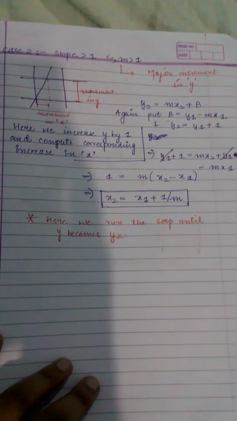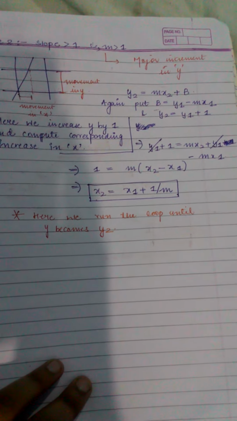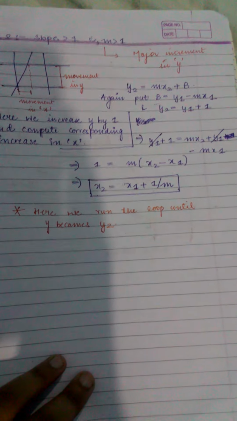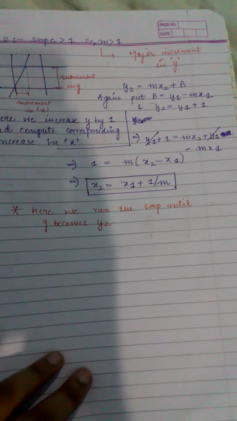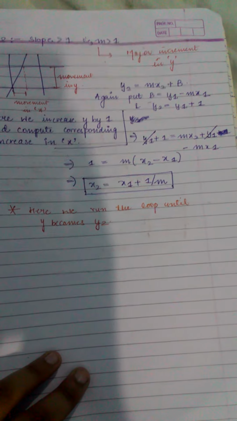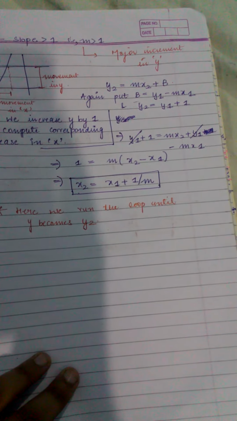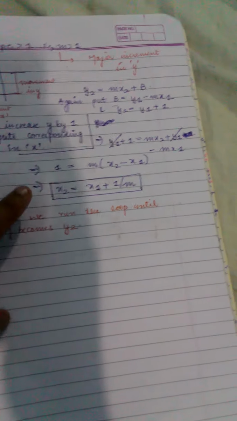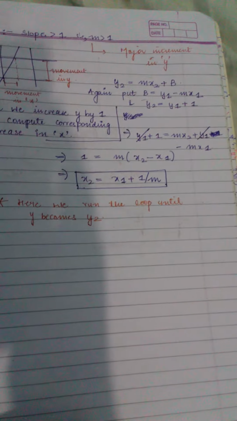So here y2 = mx2 + b and we again substitute b = y1 - mx1, and y2 = y1 + 1, because we increase y by 1. We substitute these values and we get 1 = m(x2 - x1).